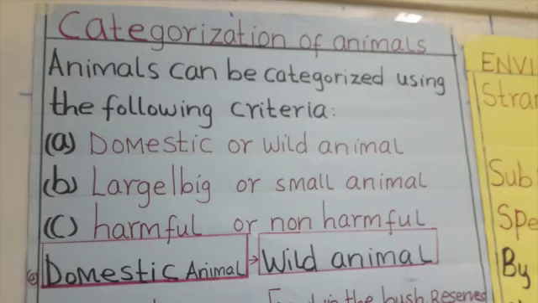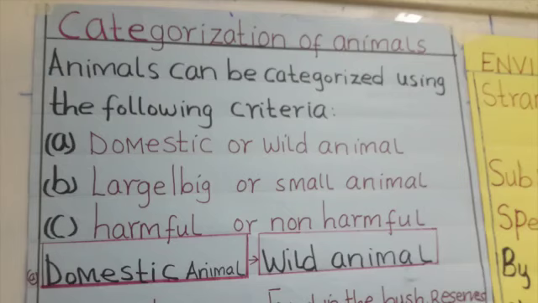The second criteria is large or big, or if an animal is small. And the third criteria is harmful or non-harmful animal.